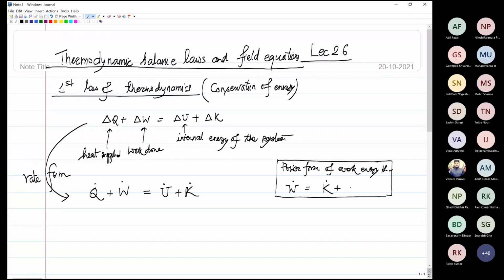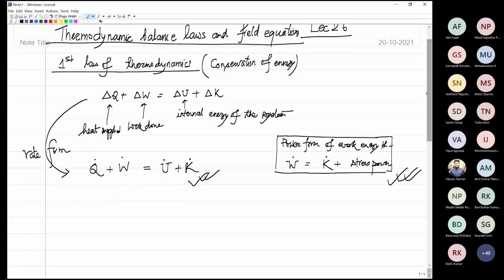You recall? This is also going to hold always. But when we talk of thermodynamics, we also include the heat. Let's proceed from here. Now this is for the entire system.